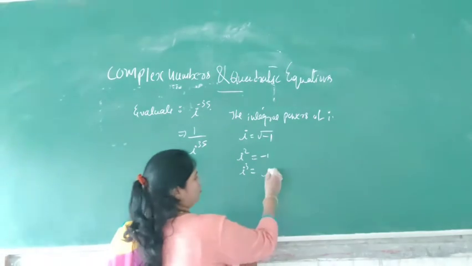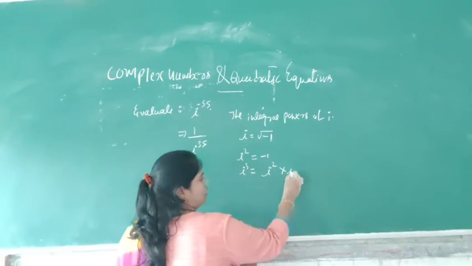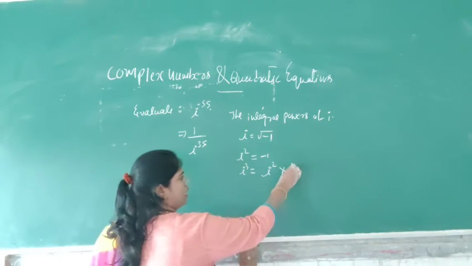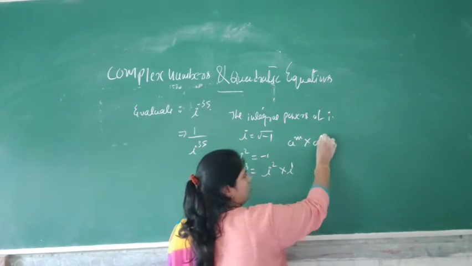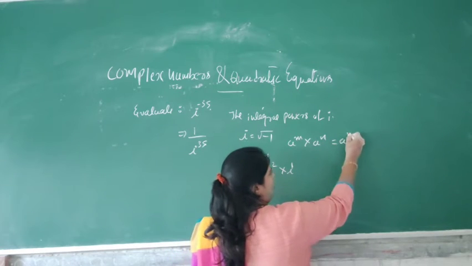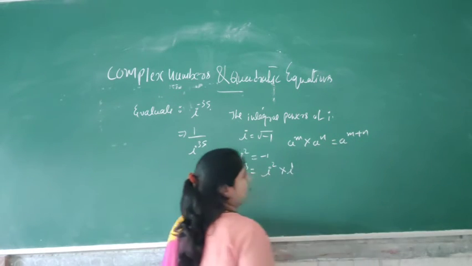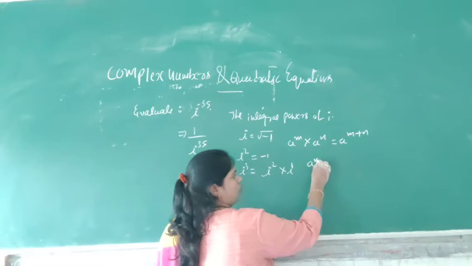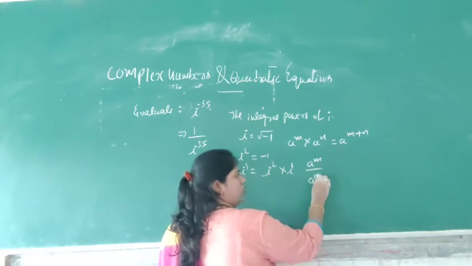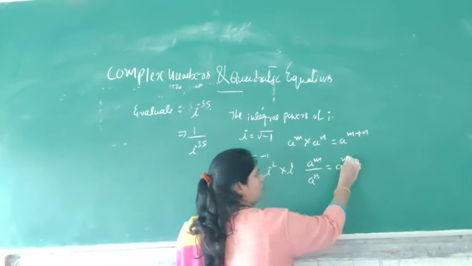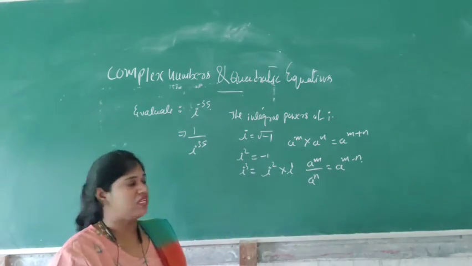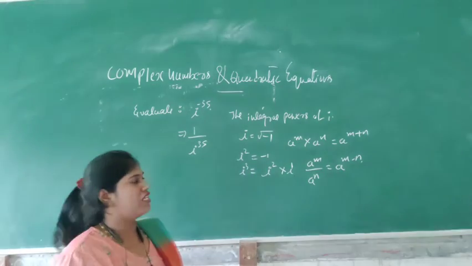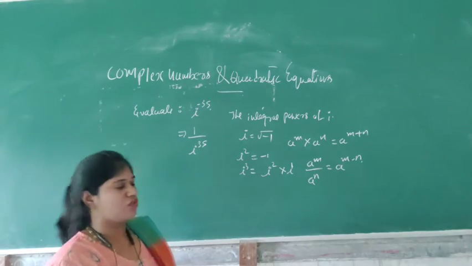So i cube can be written as i square into i. A raised to m divided by a raised to n is a raised to m minus n. These are all important theory of indices. You have already studied it in school.